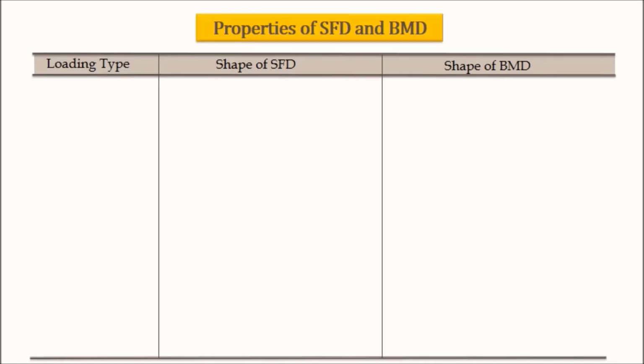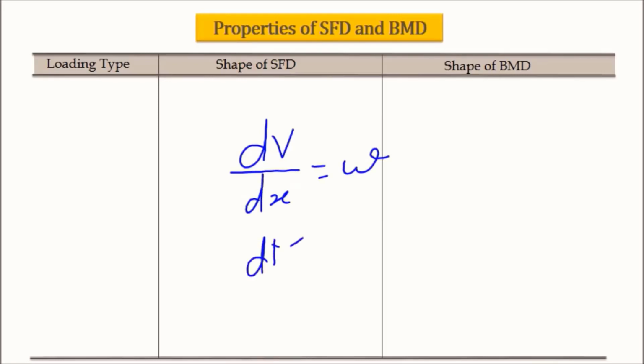I want to recall those two fundamental relations we have seen in session number 1. First, the derivative of shear force is nothing but the rate of loading on the beam, and the derivative of bending moment is nothing but shear force.